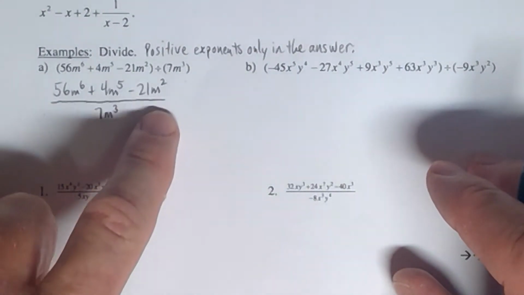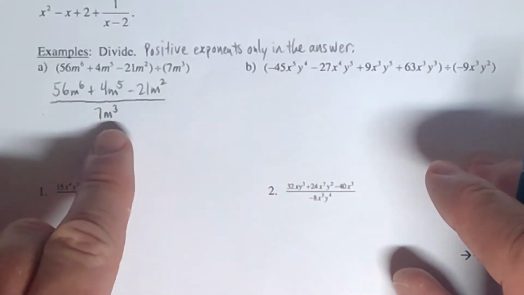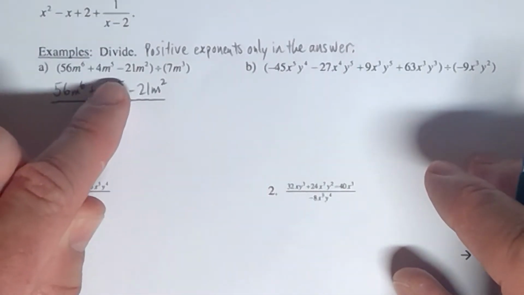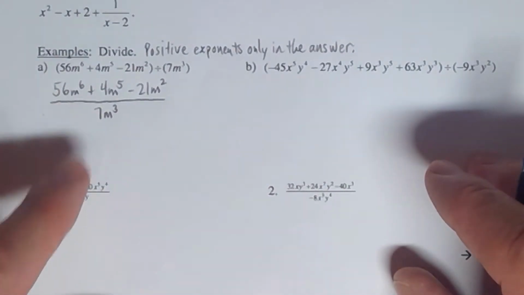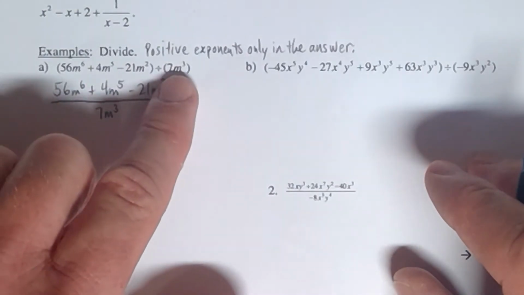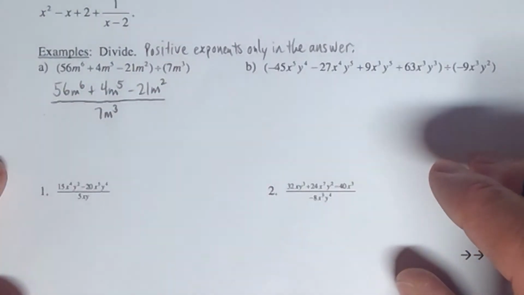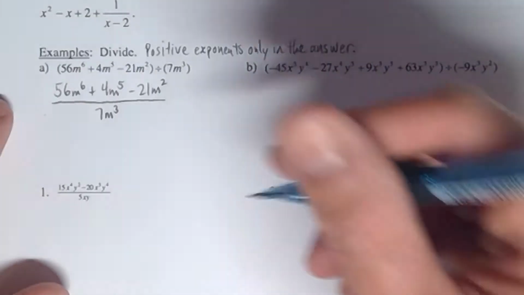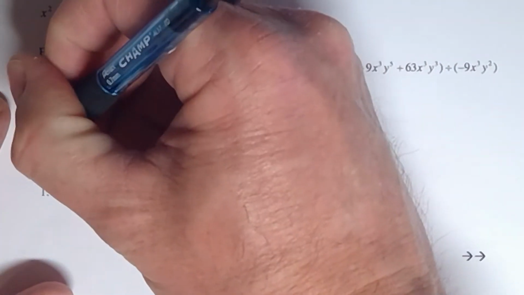When you have a big fraction bar like that, it means the entire top divided by the entire bottom. And when you have a bracket divided by a bracket, it's that same thing where one bracket is the top and the other bracket's on the bottom. But what do we do with that? That's not the answer, certainly.